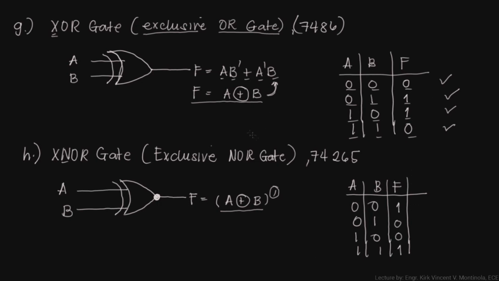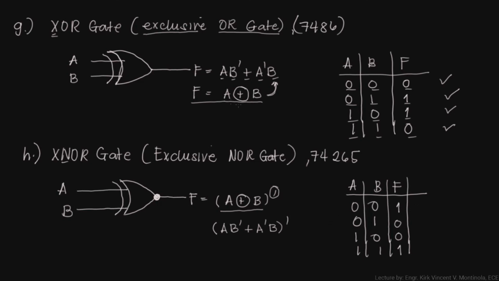If you have 3 inputs or 4 inputs, when you evaluate its truth table, follow its expansion. Our XOR gate is A, B not, plus A not, B. So that is its expansion.